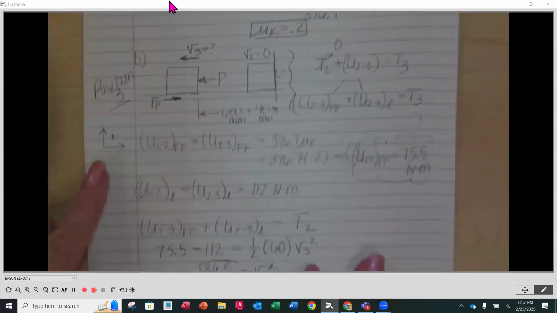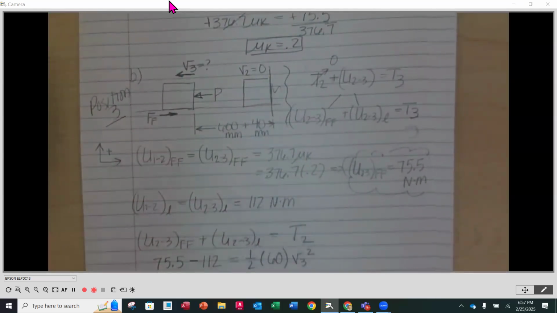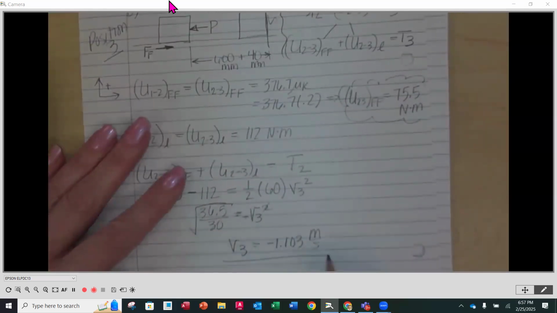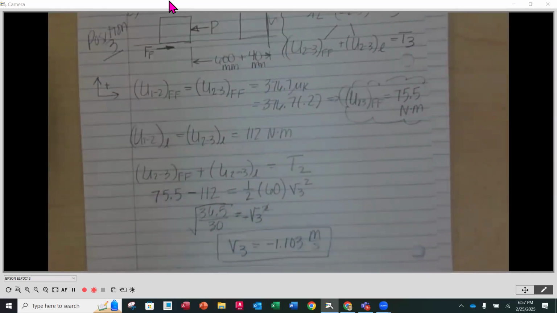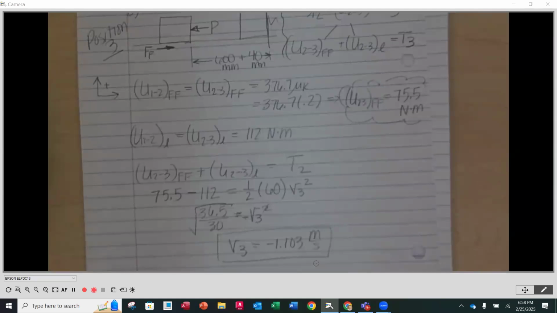It makes sense because according to our convention, going to the right is positive. That negative just means it's going to the left. And that is the velocity that it would come back at in position number 3. So in position 3, this is going back to the left.